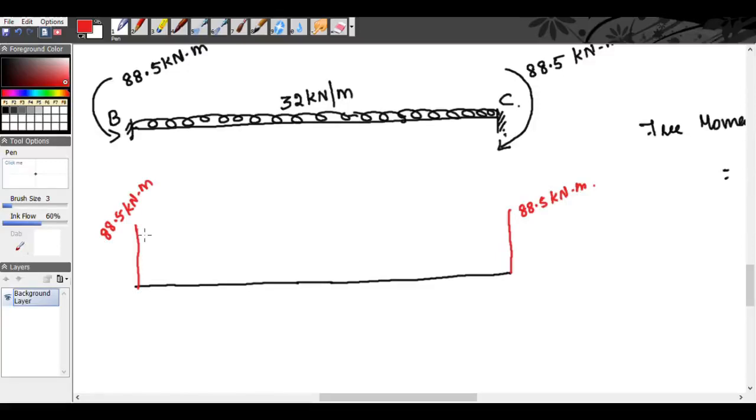So how will the bending moment be? Near the supports there will be hogging, and in the center of the span there will be sagging. Because of this load, your bending moment diagram will be like this.